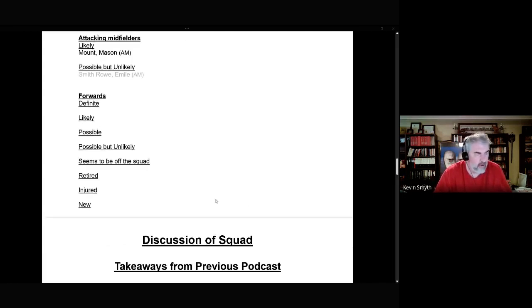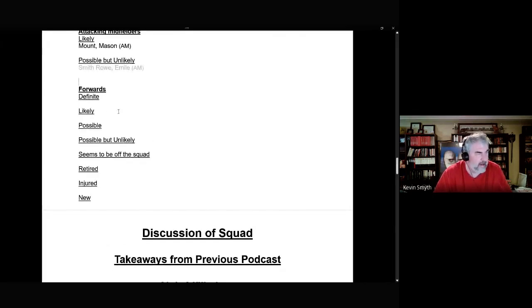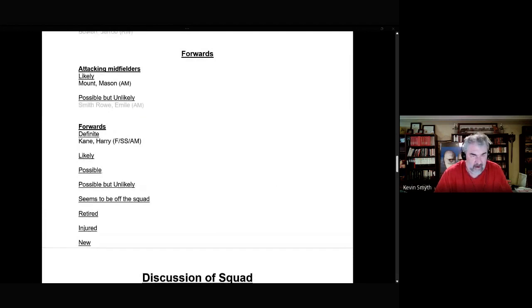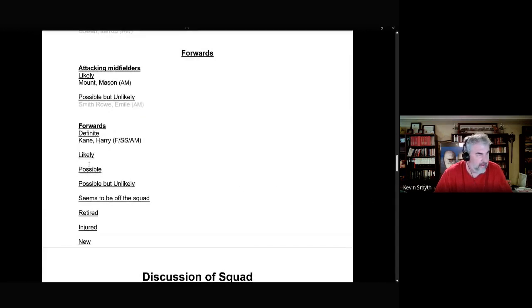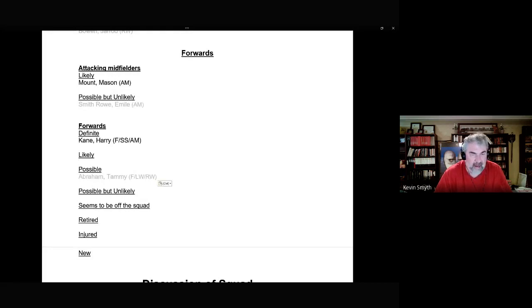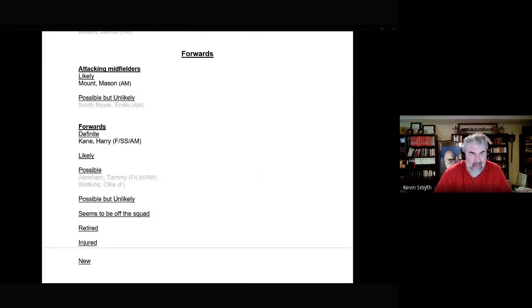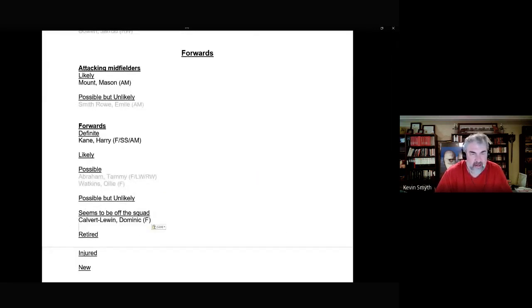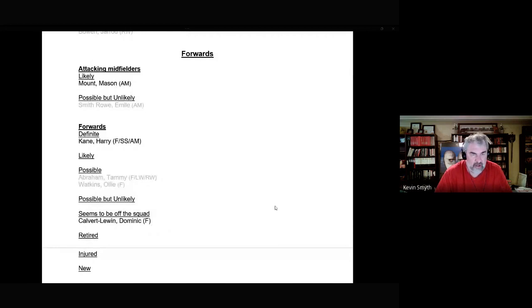Okay, moving on to forwards, we have a definite candidate in Harry Kane, probably their most famous player there. And we have possible candidates with Tammy Abraham and Ollie Watkins. And then seemingly off the squad is Dominic Calvert-Lewin, Marcus Rashford, and Danny Welbeck.